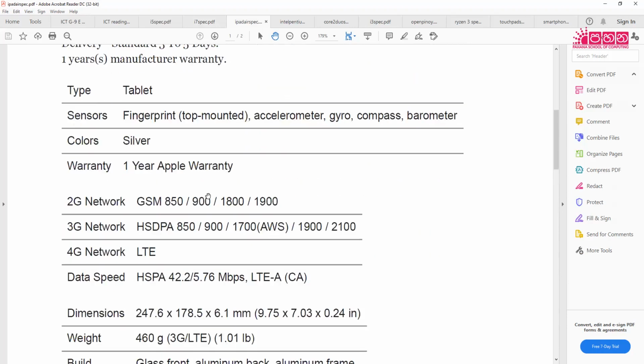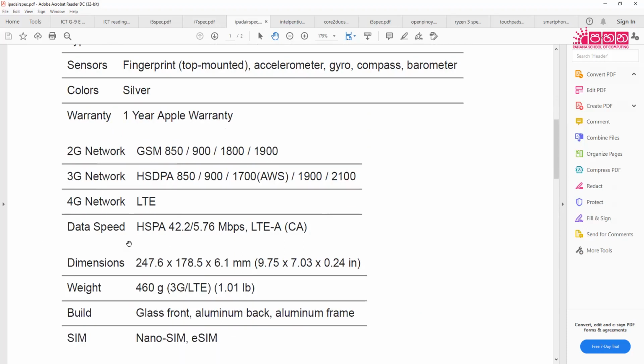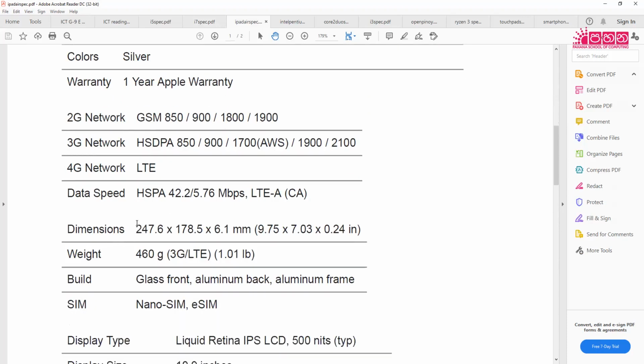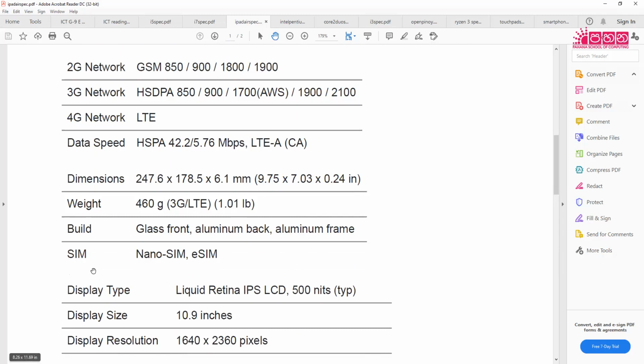So this is a mobile device. You have support for 2G, 3G, 4G, not 5G. You know that the latest support is 5G. The data speed is given, 5.76 megabits per second. Dimensions are given, weight is given, build is given. Kind of SIM supported.